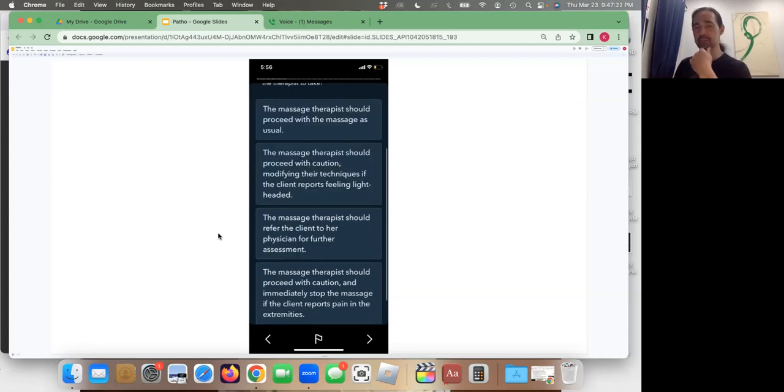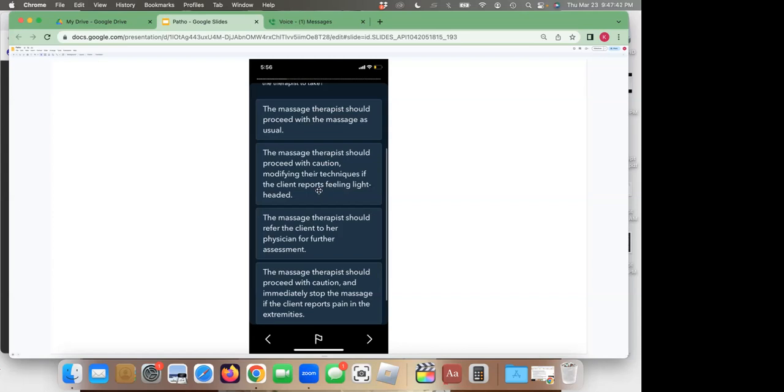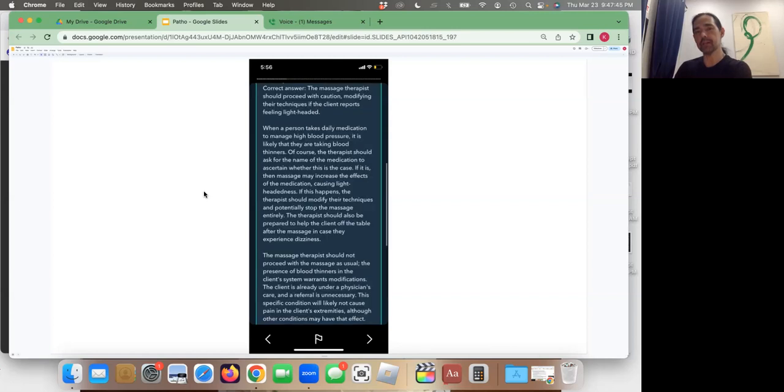The massage therapist should proceed with the massage as usual. The massage therapist should proceed with caution, modifying their techniques if the client reports feeling lightheaded. The massage therapist should refer the client to her physician for further assessment. The massage therapist should proceed with caution and immediately stop if the client reports pain in the extremities. The second. Yeah, I think the second.